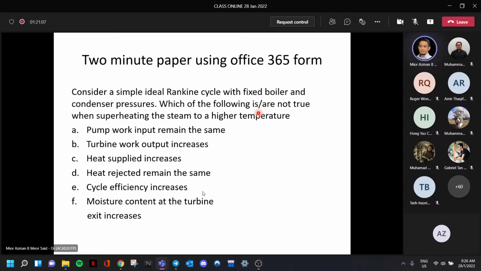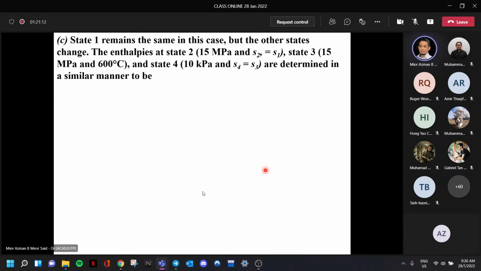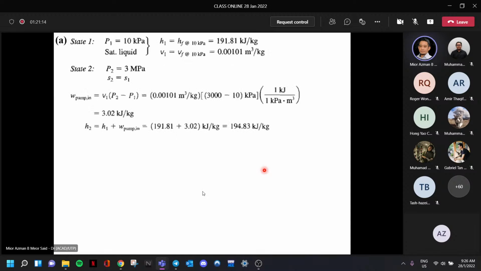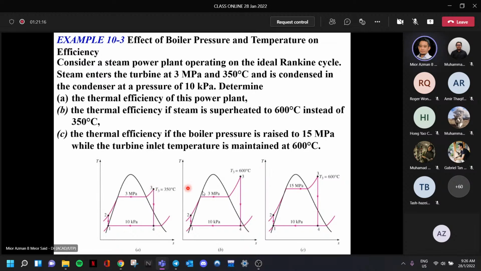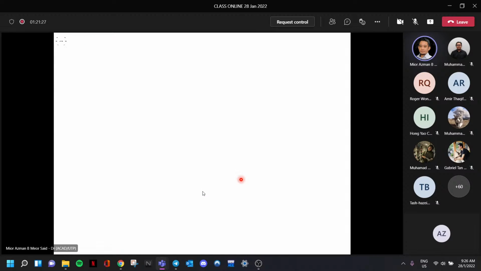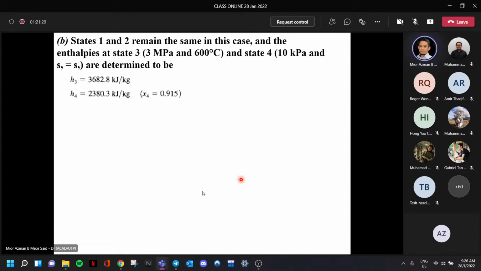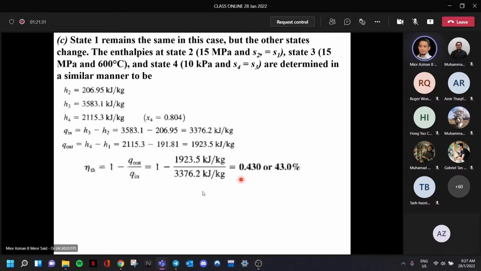In this case we increase the steam up to the superheated region. For B, what will happen to the cycle? We increase T3 further, up to here. This is what the question asks. Which one is false?